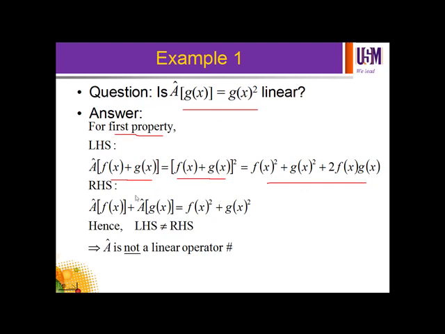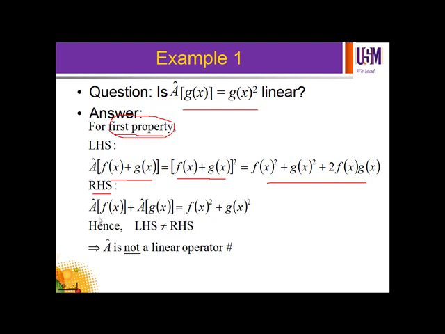But if you refer to the right side of the first property, we are still talking about the first property, the summation of the individual operators for f plus g should equal the operator for the summation of the two functions.